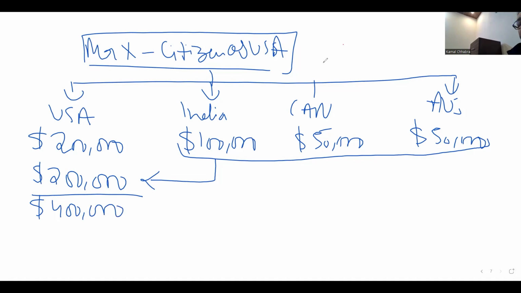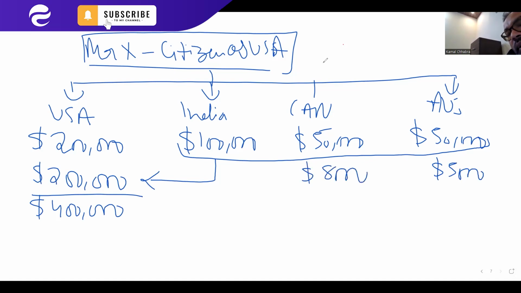And they have paid, let's say, taxes of $5,000 here, let's say $8,000 here, and let's say $15,000 here. They have paid taxes in this country for their respective income.